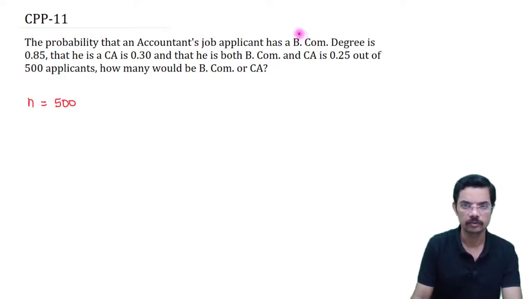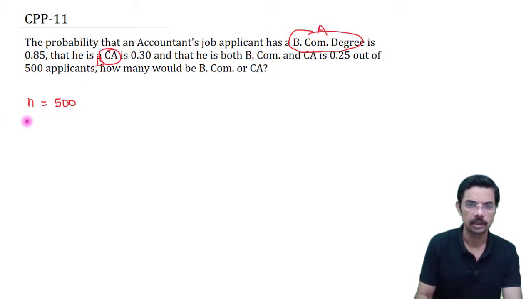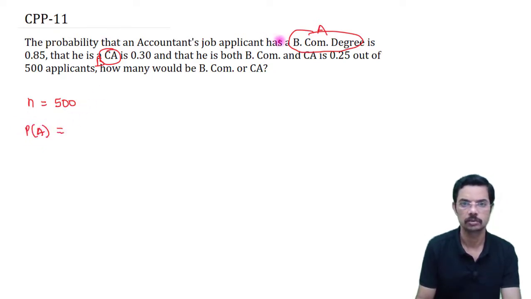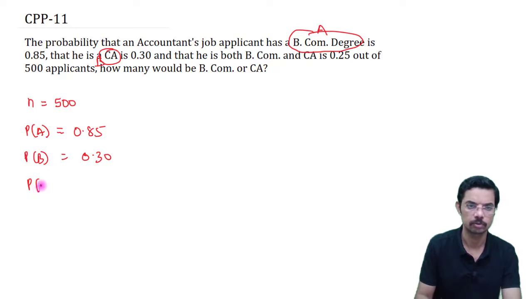Now if having a BCom degree is taken as A, and having a CA is taken as B, then the probability of A is given to us as 0.85, and the probability of B is 0.30, and that he is both means A intersection B, so the probability of A intersection B is given as 0.25.